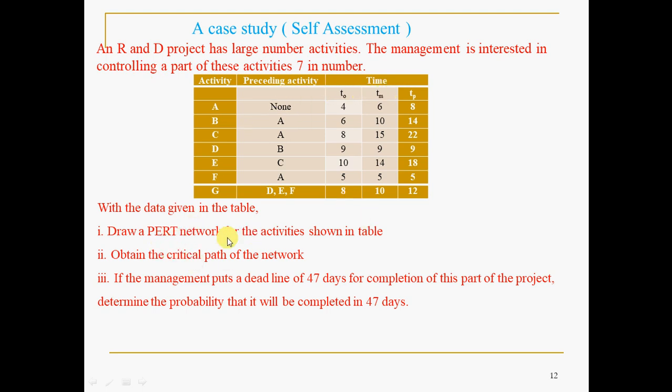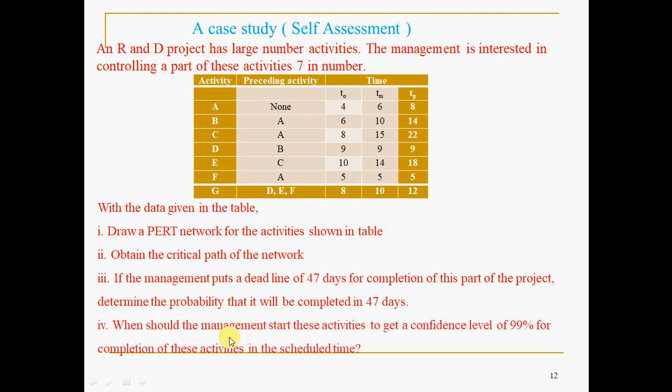You are supposed to draw the project network and obtain the critical path. If the management puts a deadline of 47 days, you will get TE, and TS is also given here. So see the change: if the management is willing to complete in 47 days, what is the probability? TS is known, TE is known. We'll discuss that part later.